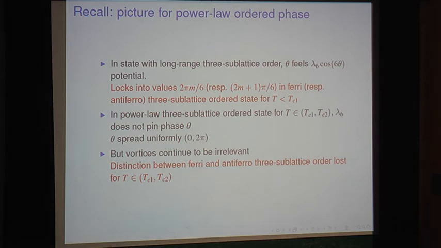But of course, the calculation is more serious. It's not just this picture. One can do a straightforward RG analysis and check that this is true. But that's the underlying reason. The pinning becomes irrelevant, and you fluctuate between antiferromagnetically ordered and ferrimagnetically ordered states freely. And that's the pictorial representation in my mind of this power law phase.